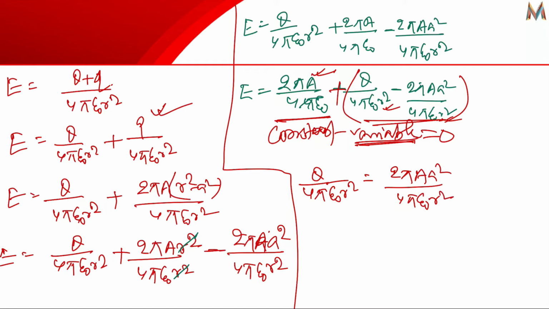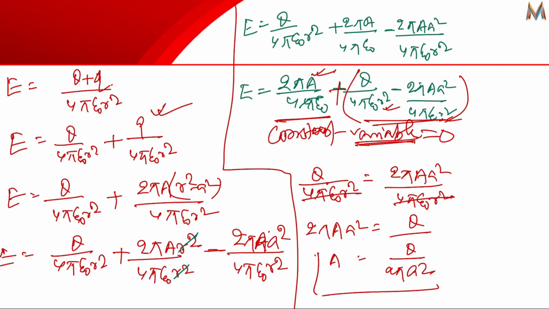From that we find the value of A by cancelling: 2 pi a square A equals Q, then capital A will be equal to Q by 2 pi a square. So this is the value for which the electric field inside that sphere will remain constant.